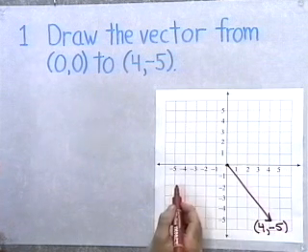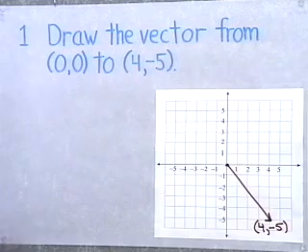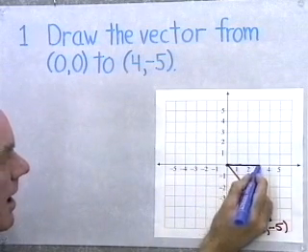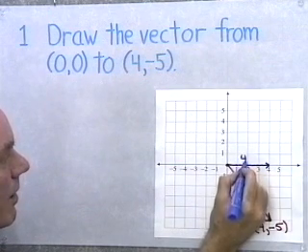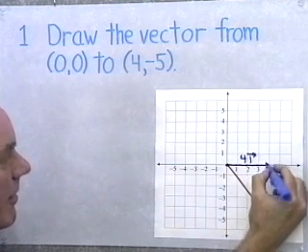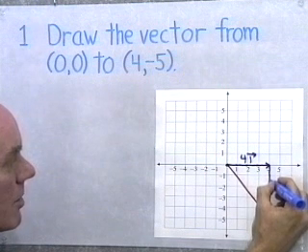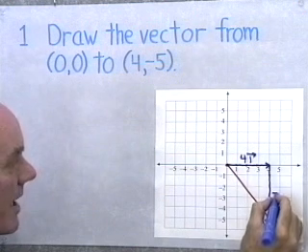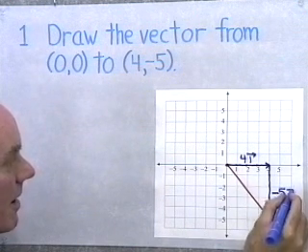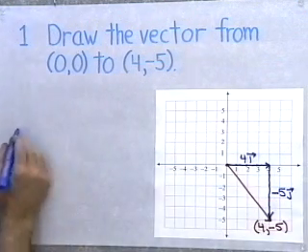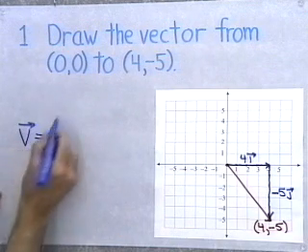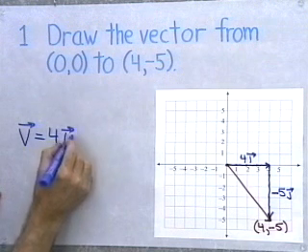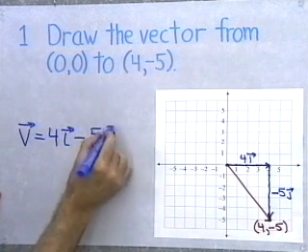Now you can see as far as adding vectors to get that vector, it looks like 1i plus 2i plus 3i plus 4i, that's 4i, and then I have negative 1, 2, 3, 4, 5j to get down there. So that's negative 5 of those unit vector j's. So this vector v that goes from the origin to 4, negative 5 is written as 4i minus 5j.